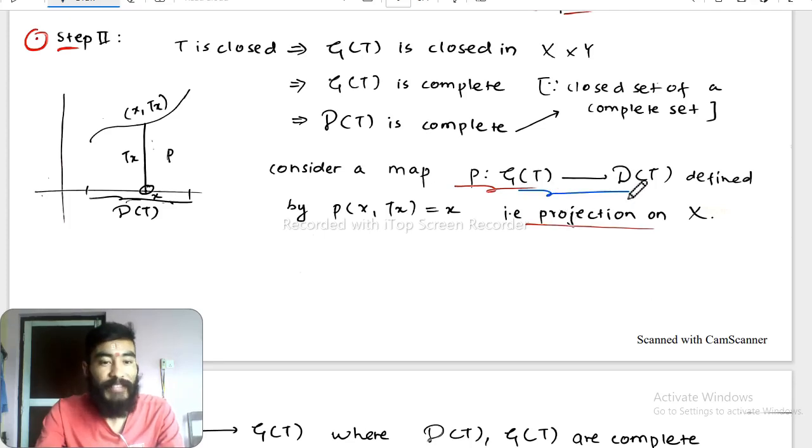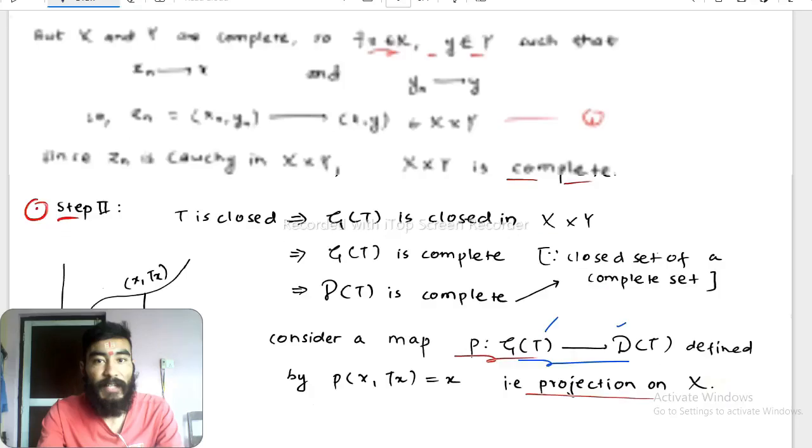The bounded inverse theorem is also a fundamental theorem, so to apply it we need the domain and codomain both to be Banach spaces. We need these two spaces to be complete. So first we show the spaces G(T) and D(T) are complete. That is our first task.